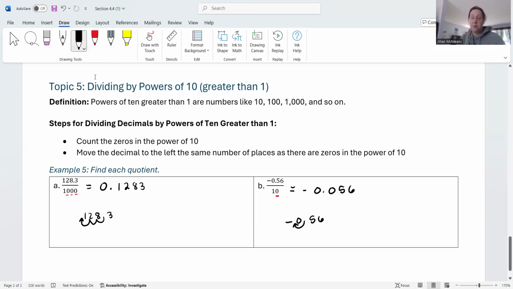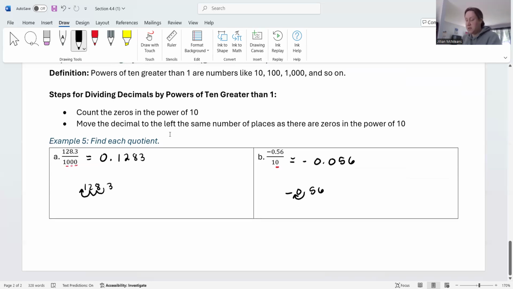We could also divide by powers of 10 less than 1. So just as a quick for instance, powers of 10 less than 1. We talked about this with multiplication. Powers of 10 less than 1 would be like 0.1, 0.01, 0.001, okay?